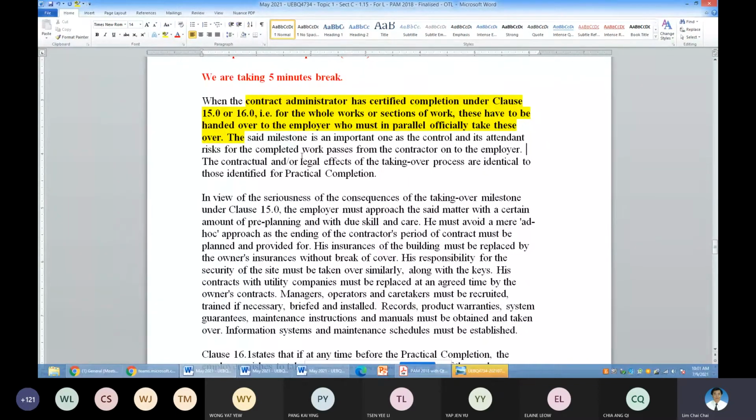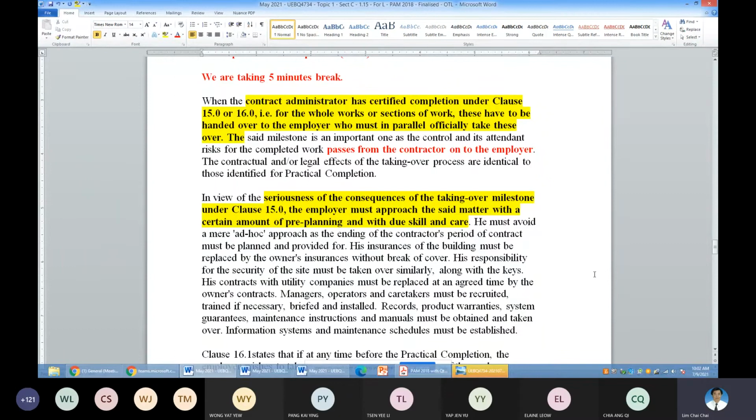Okay, so it passes from the contractor to the employer. So this is a very important timeline. So the employer must, before that, usually the consultant needs to advise them. So this is part and parcel of the consultancy on what to advise the employer.